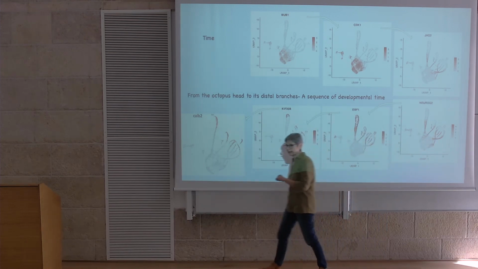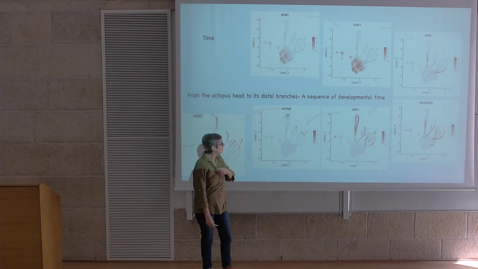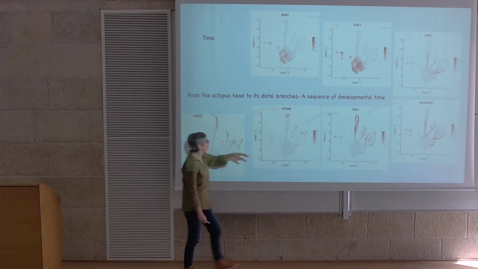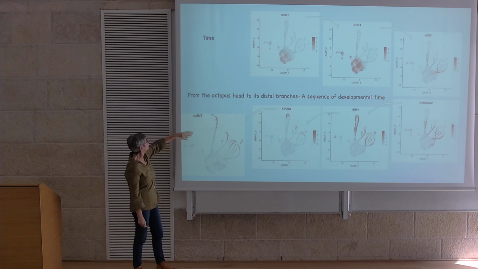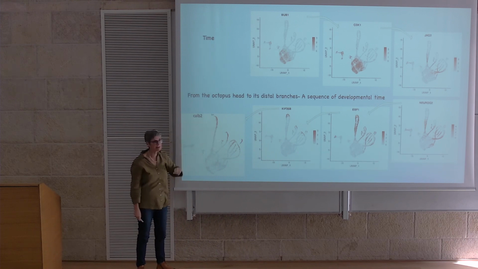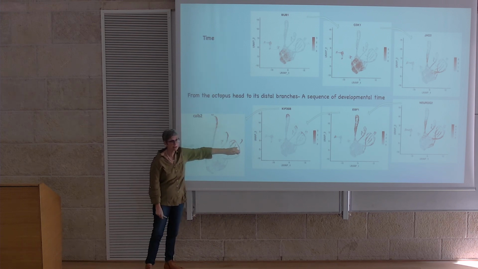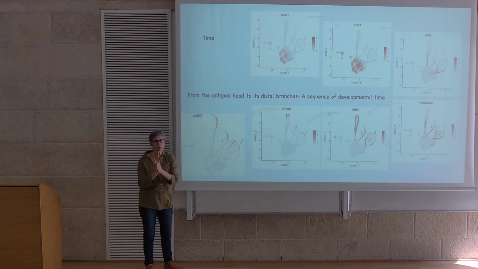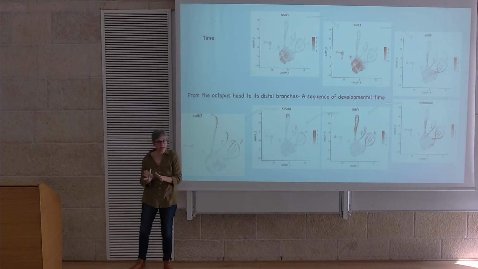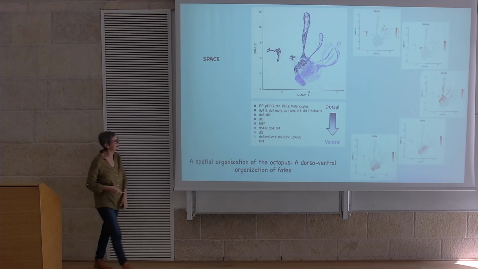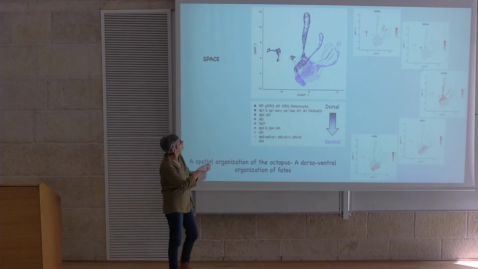So all these are different dorsal interneuron populations, up to postmitotic neurons expressing KIF26B, calbindin, and so on. So basically, we have from the head of the octopus up to the tip of the branches a sequence of developmental time.